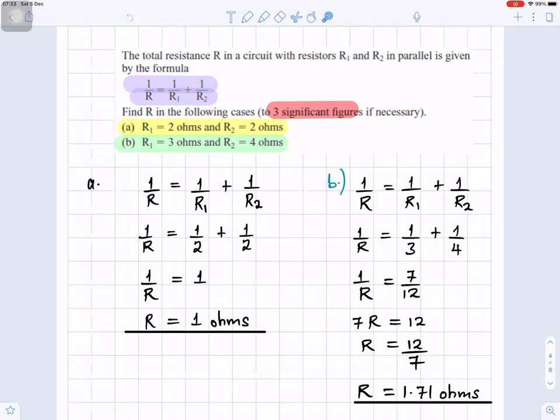It gives you 7 over 12. Now you can cross multiply. R times 7 is 7R. 1 times 12 is 12. Now you divide by 7. R is 12 divided by 7, which is 1.71 ohms.